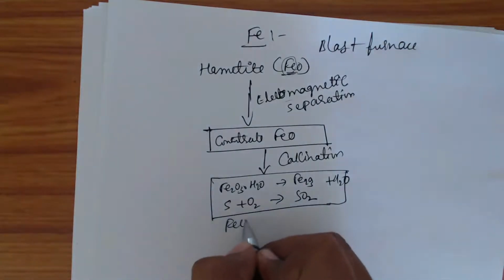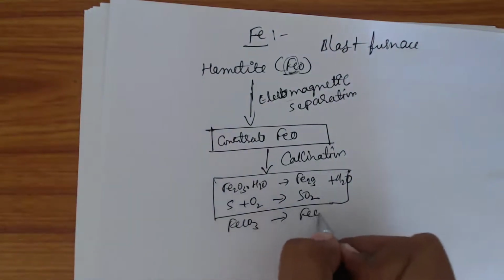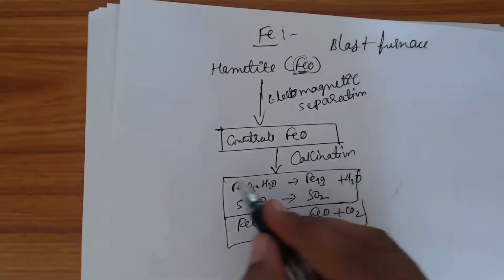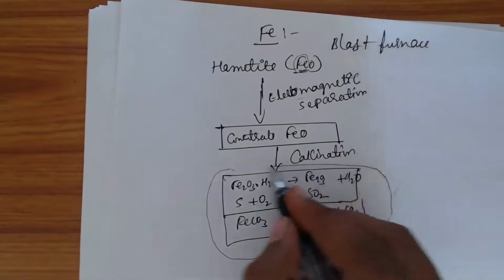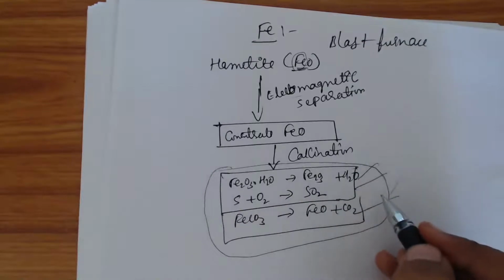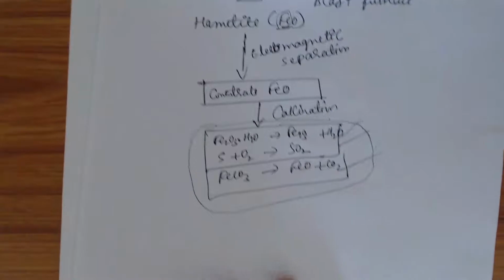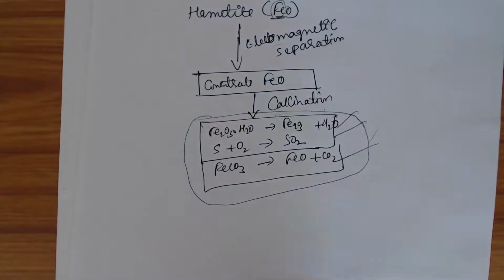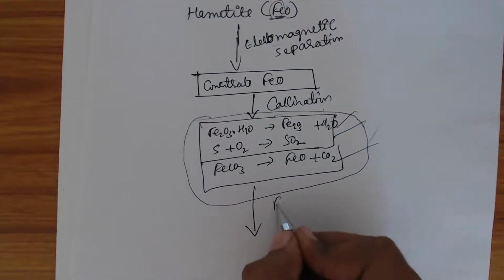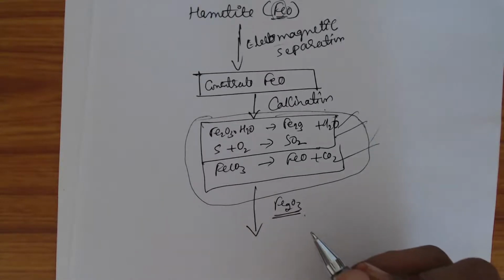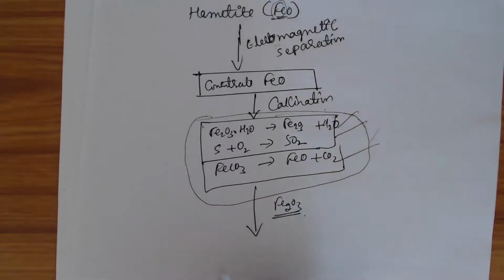If iron carbonate is there, it changes to FeO plus CO2. Any impurities can change into these byproducts upon calcination. Okay, the next one: once the calcination is done and we have the Fe2O3 ore, understood, then this will be subjected to what?